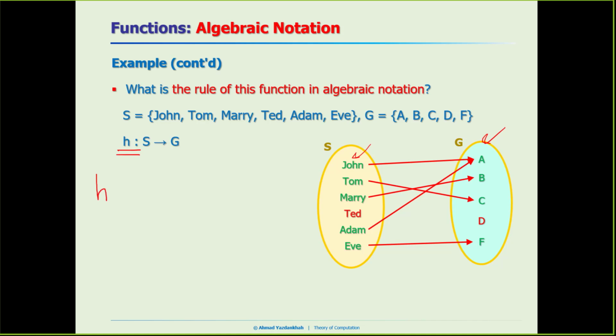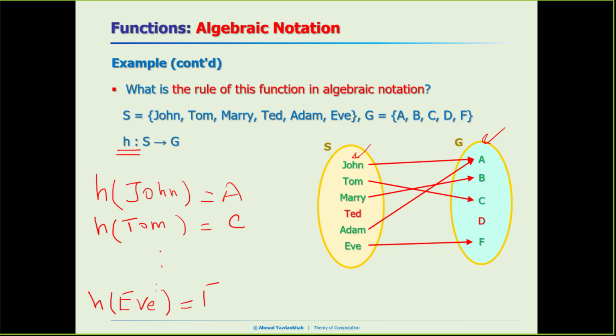We would say h of John equals what? Equals A. h of Tom equals C and so forth, right? h of Eve equals F. So this is called the algebraic notation of a function.